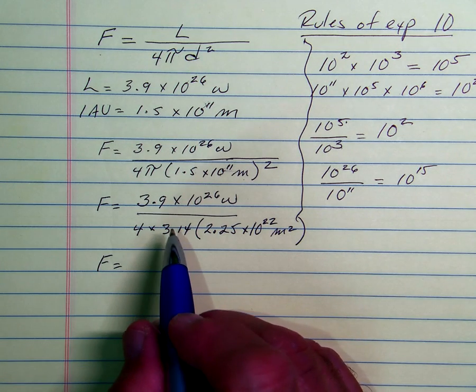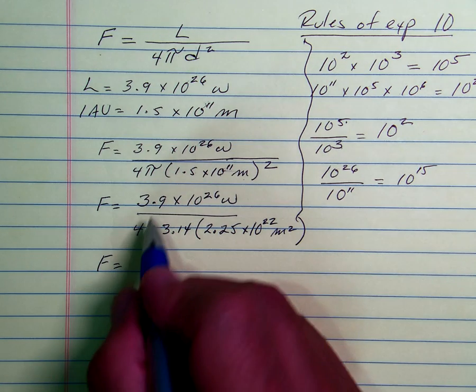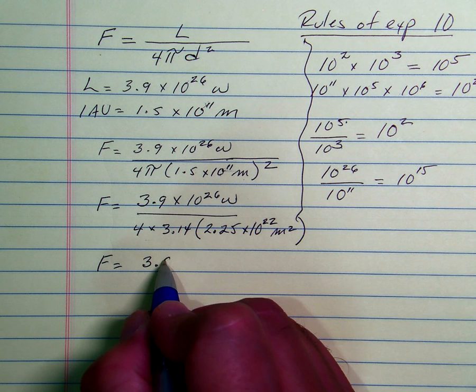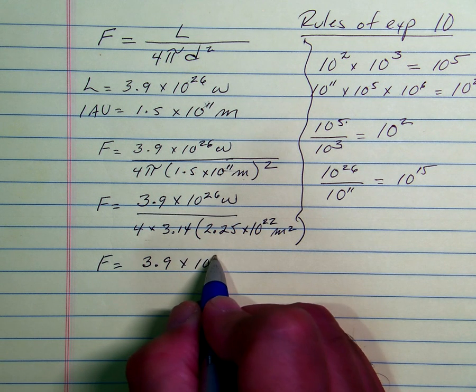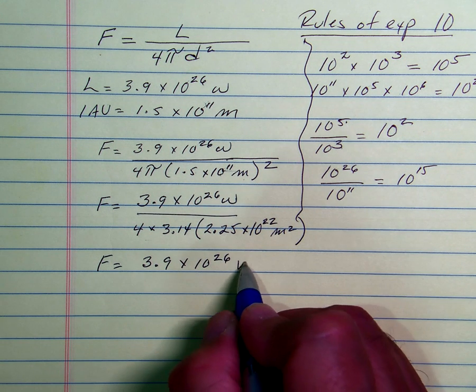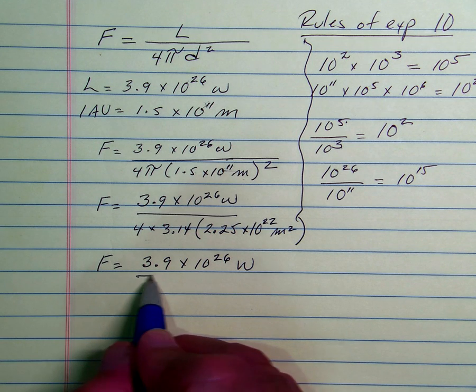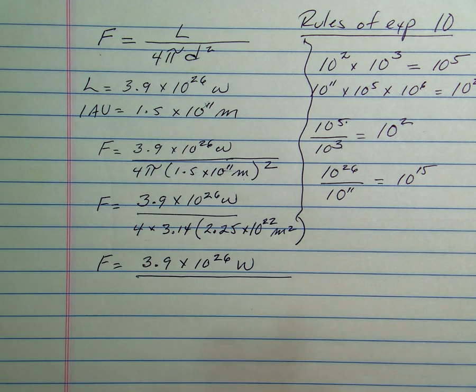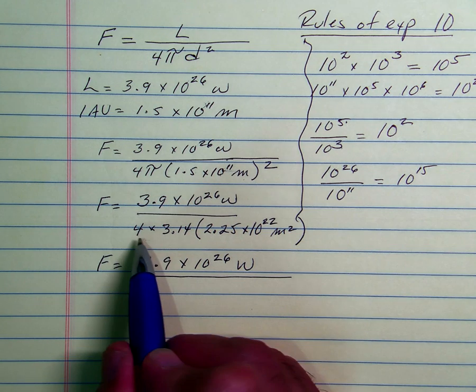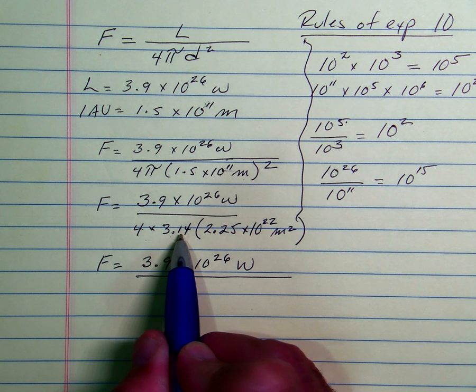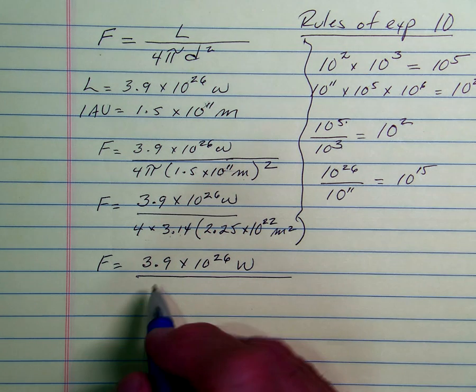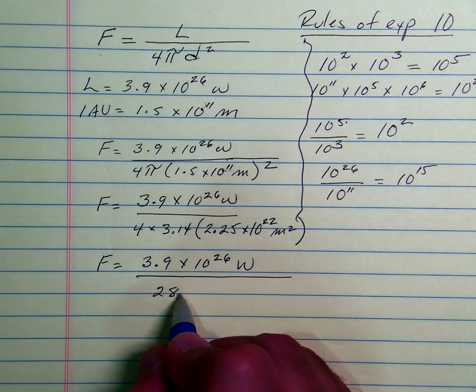Now, once I do that, I can simply multiply the denominator first. I'm going to copy the numerator and leave it alone, times 10 to the 26. Math needs to be kept pretty neat. If I multiply 4 times 3.14 times 2.25, the result is 28.26.